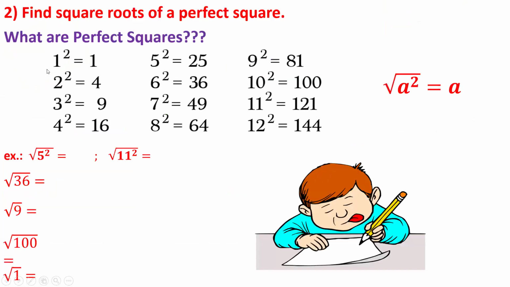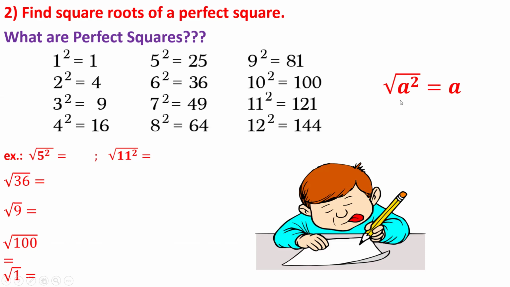Now, how can we find the square root of some perfect squares? You know that the perfect squares are the numbers that can be written as a square of another number. So 1 squared is 1, 2 squared is 4, 3 squared is 9, 4 squared is 16, etc. Those are called perfect squares.